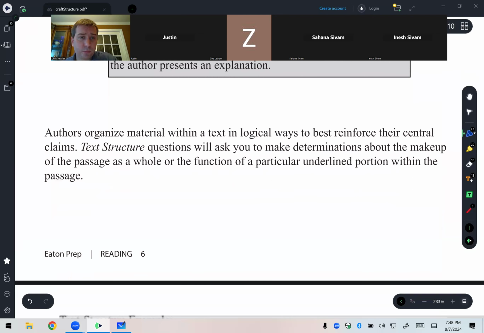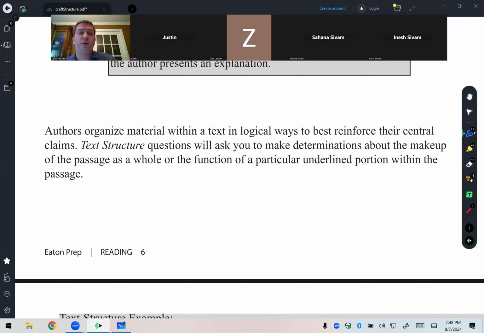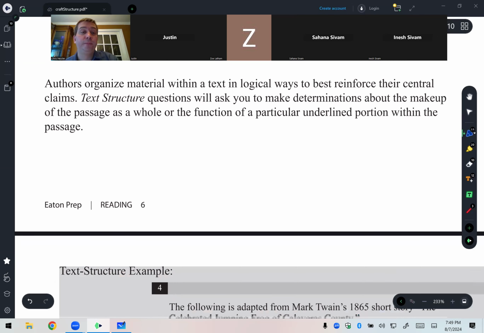Authors organize material within a text in logical ways to reinforce their central claims. Text structure questions will ask you to make determinations about the makeup of the passage as a whole or the function of a particular underlined portion within the passage. All right, so let's look at a text structure example.